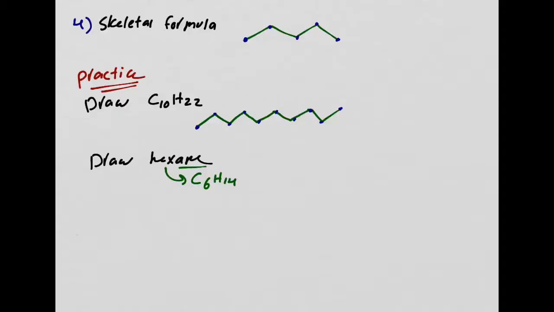Now I know I have 6 carbon, so I'm going to do 1, 2, 3, 4, 5, 6. Now, if you want to draw it from the other way, that's okay too. These are exactly the same thing. You can start a zigzag from up or from the down, doesn't matter.